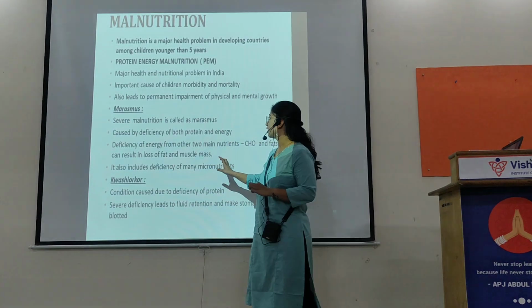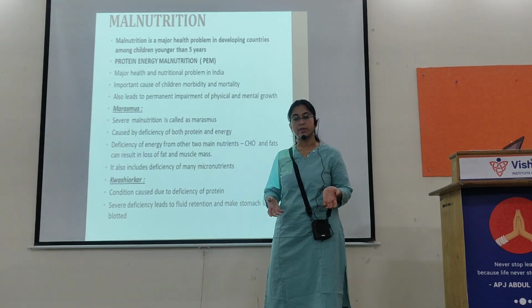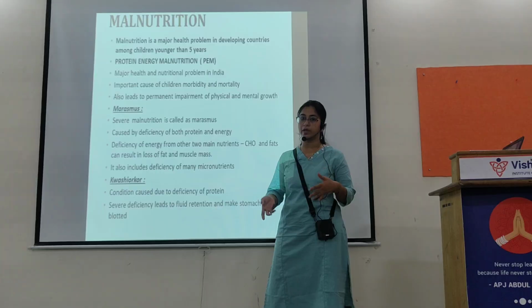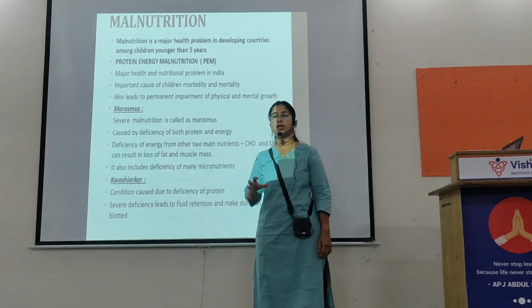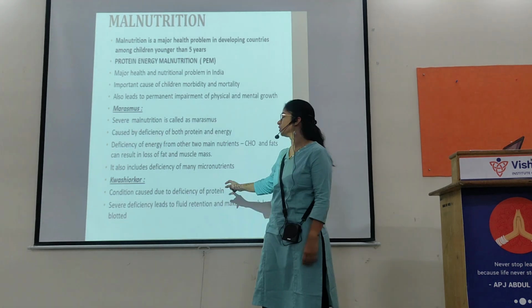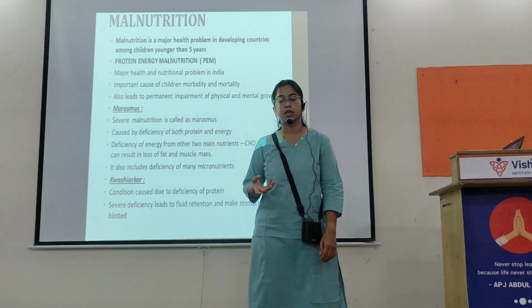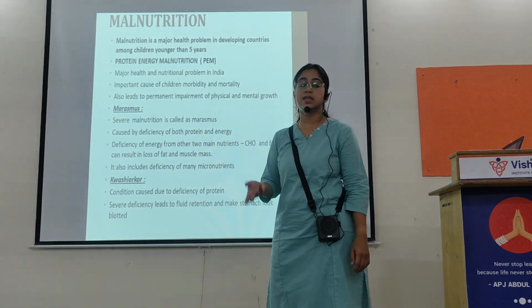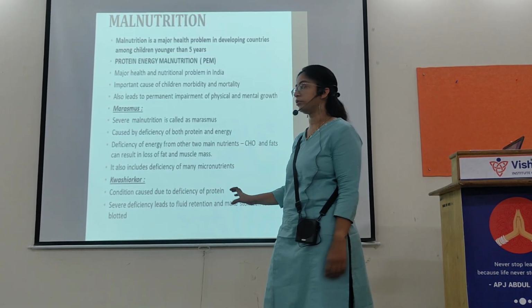Usually protein is required for the metabolism of many vitamins and minerals and for carbohydrate metabolism. So if you have protein energy malnutrition or protein deficiency, there is deficiency of micronutrients like vitamin A, vitamin D, vitamin C also.